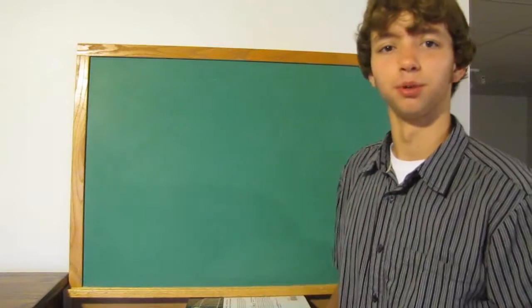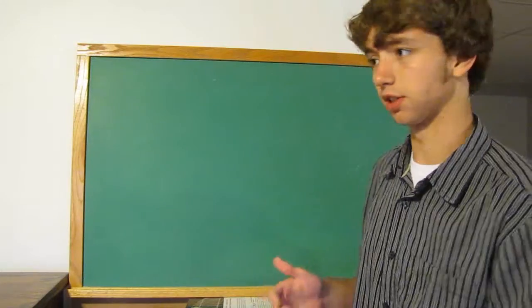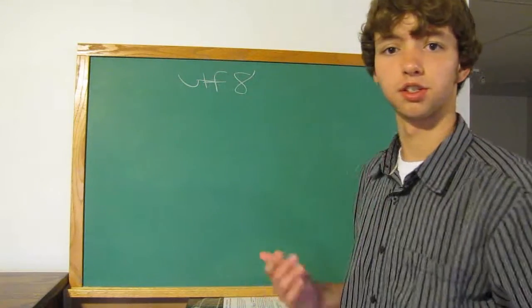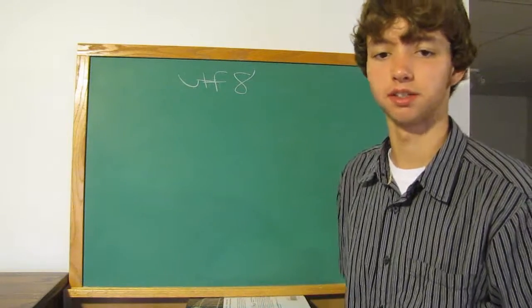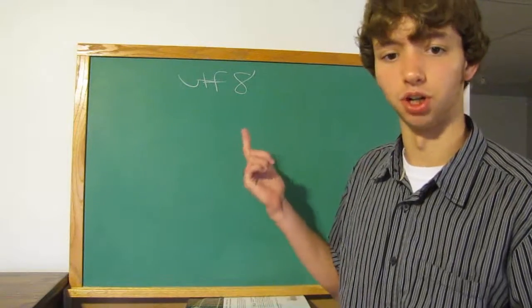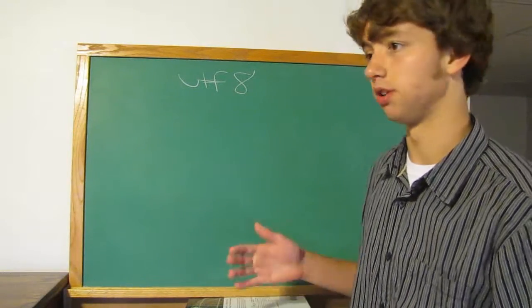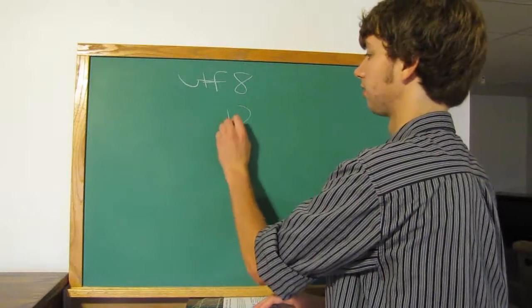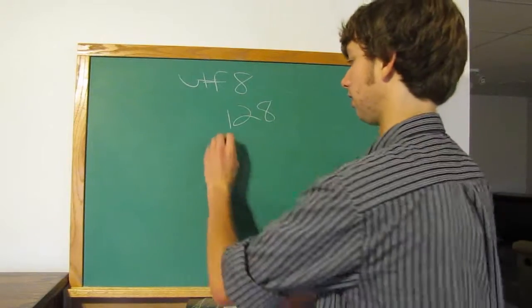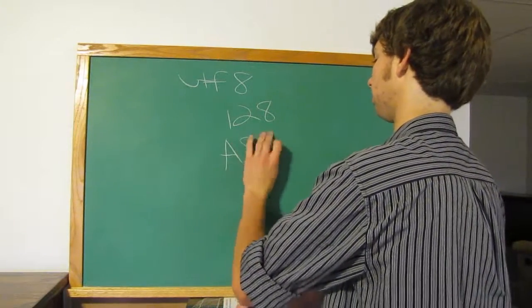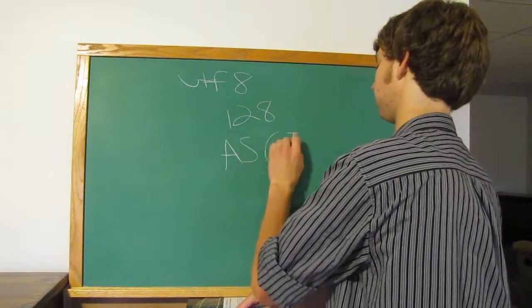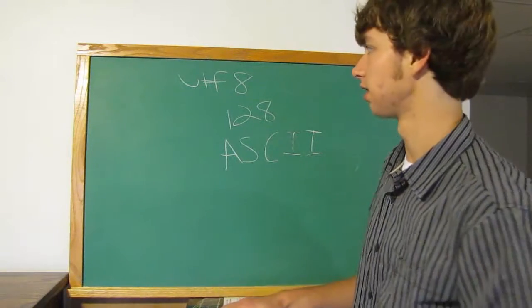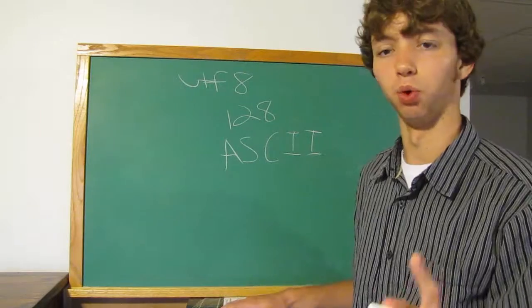But anyways, when you have a character set such as UTF-8, it stores the characters in bytes. This allows for like 1,000,000 characters. The first 128 of these are ASCII compatible characters, and these are stored in 1 byte.